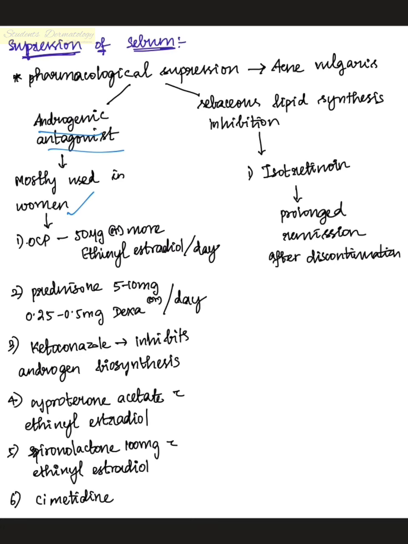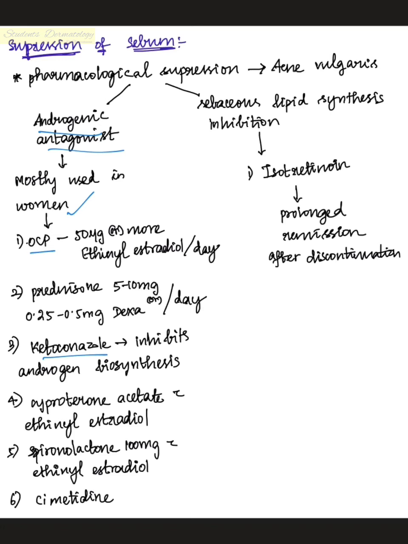For a direct androgen antagonist, what you can use are oral contraceptive pills, and then prednisone 5 to 10 mg per day, or dexamethasone 0.25 to 0.5 mg per day. Along with the anti-androgen effects, prednisone or dexamethasone are also supposed to have anti-inflammatory effects, and they have good action as an androgen antagonist. Next is ketoconazole.